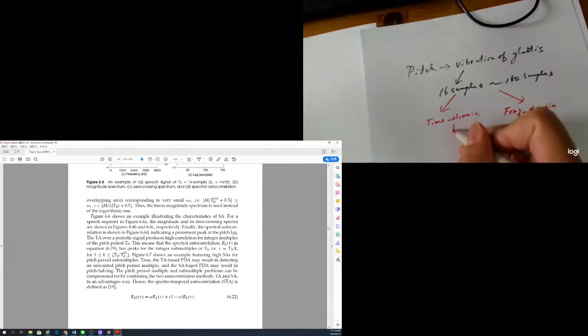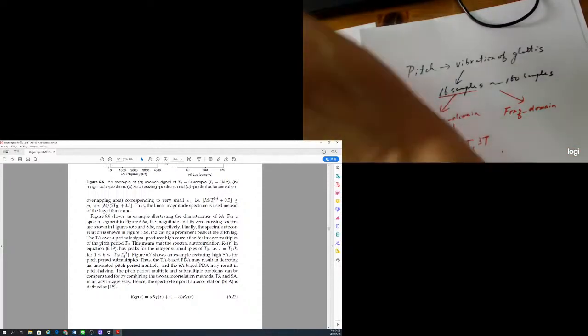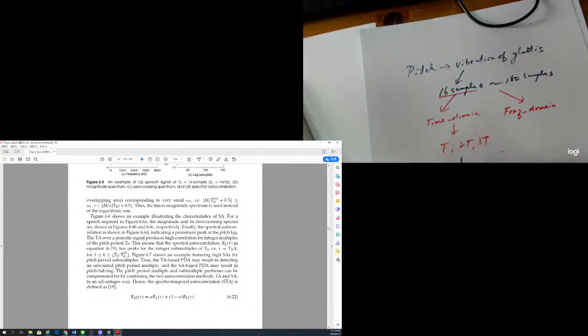So in time domain, sometimes if your pitch is smaller, you will easily find T and 2T and 3T. What kind of condition? Small pitch, so you will easily find T, 2T, 3T.